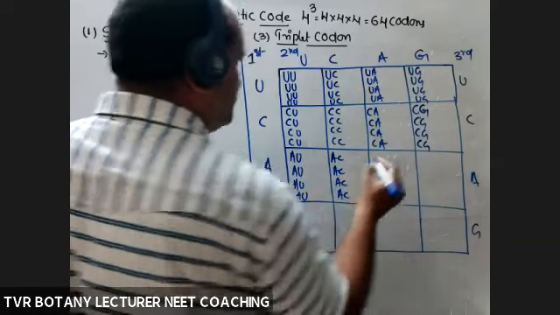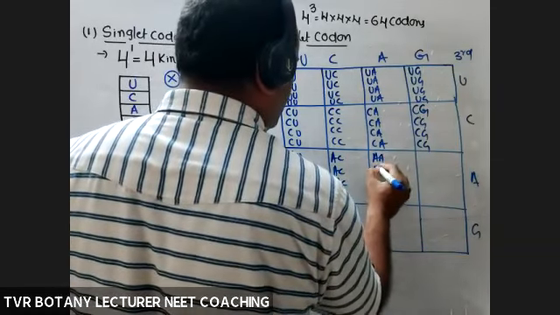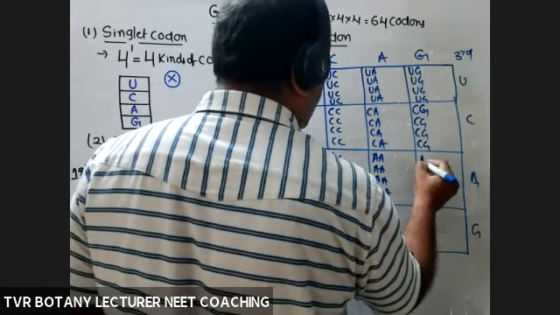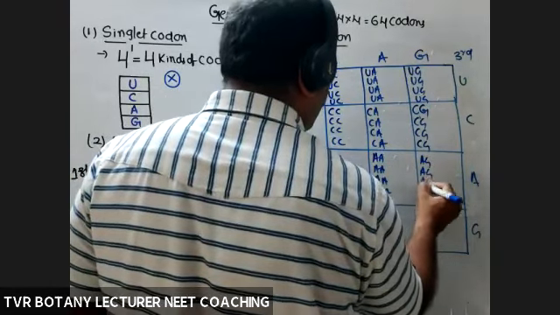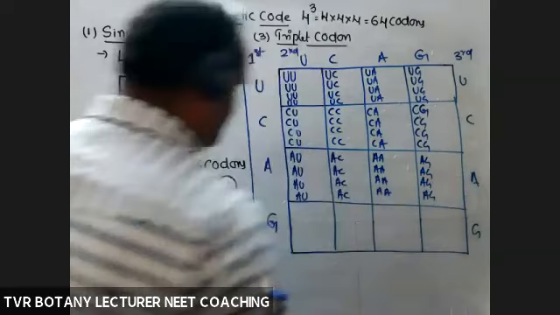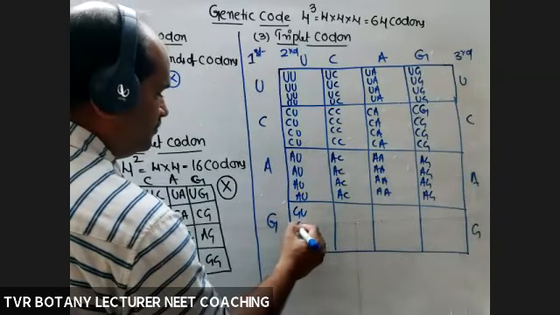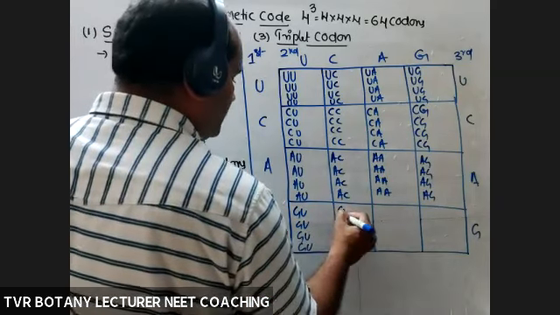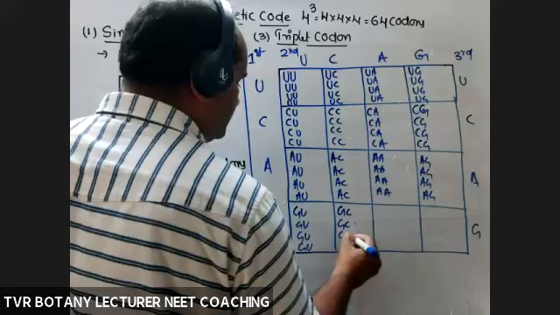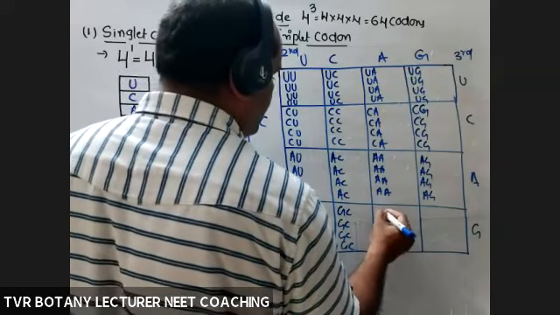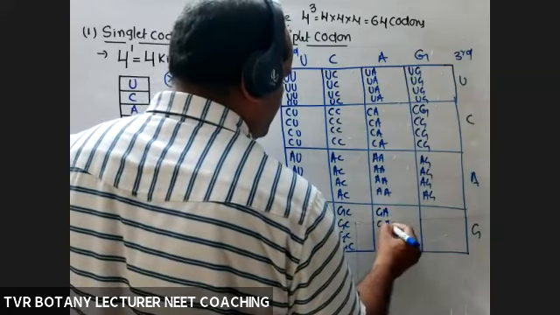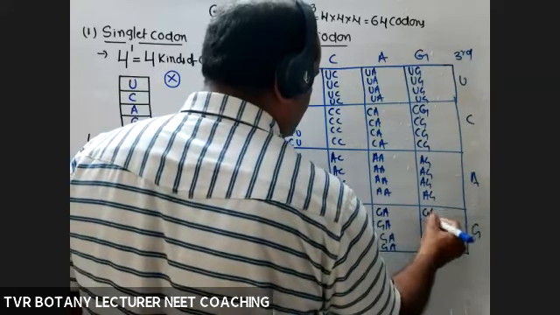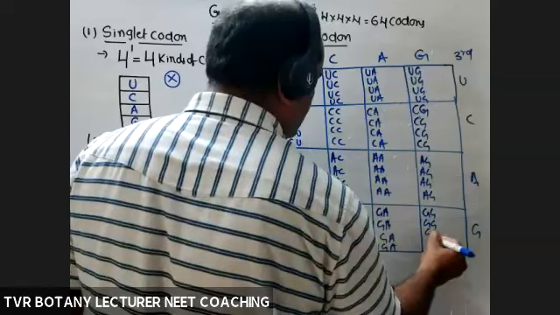AC, AC. AA, AA. AG, AG. Next, GU, GU. GC, GC. GA, GA. GG, GG.